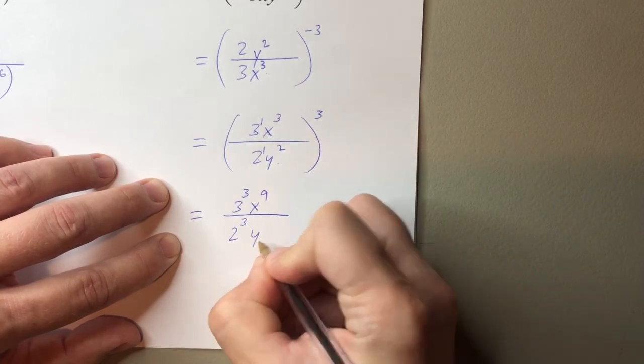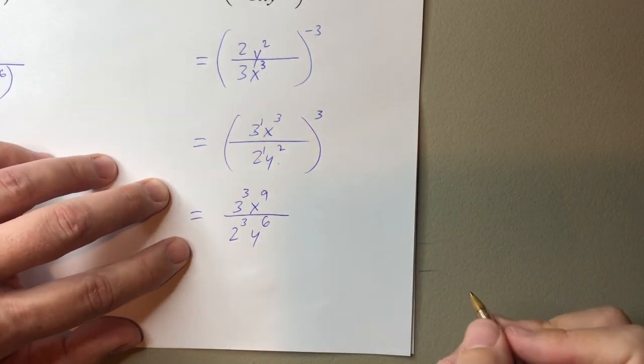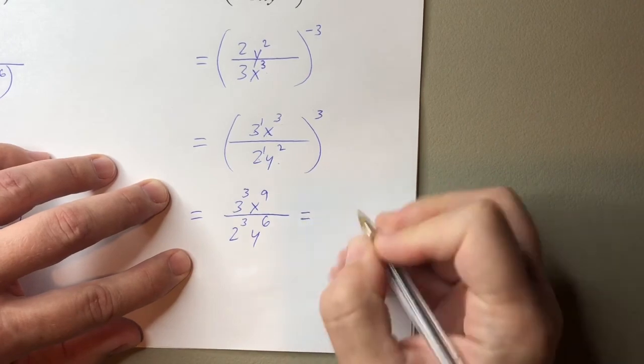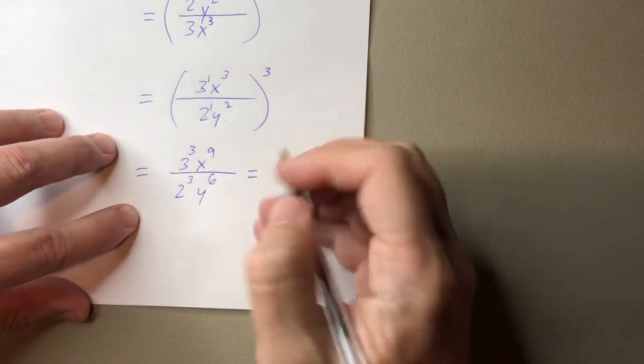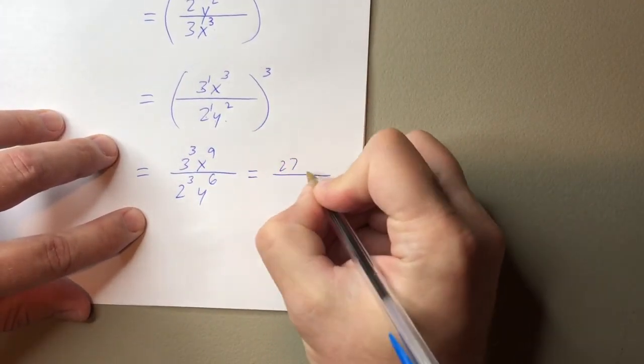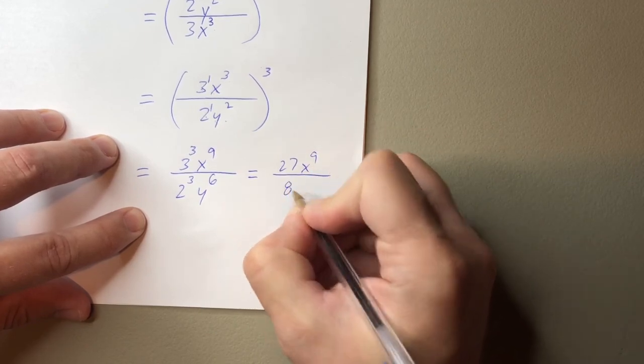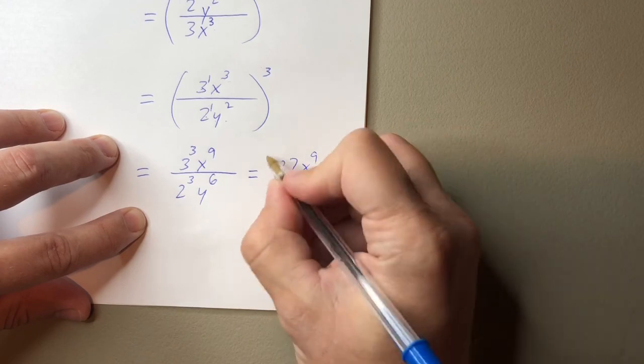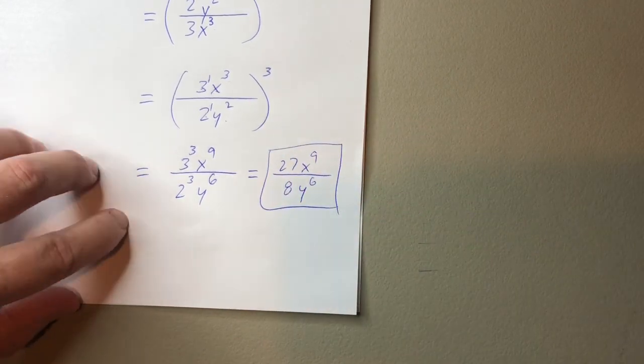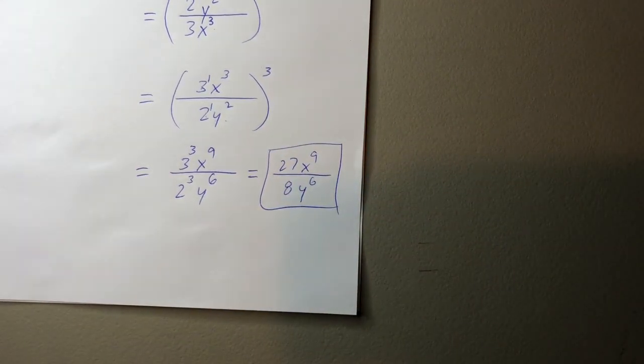That's 2 times 3, y to the 6th power. And then we simplify this thing completely. And we get what? We get 27 x to the 9th. And then 2 cubed is 8. And you get that times y to the 6th in the denominator. And you're all set. Isn't this fun? Let's do a couple more and we'll be finished with section 1.5.